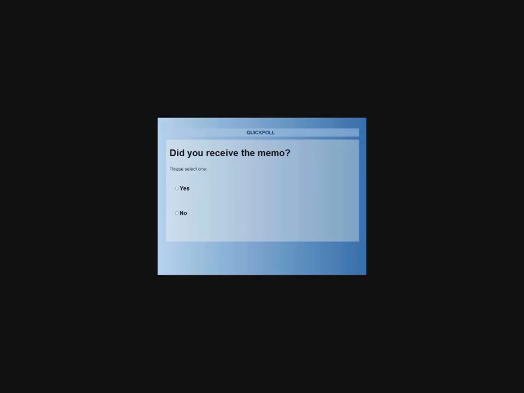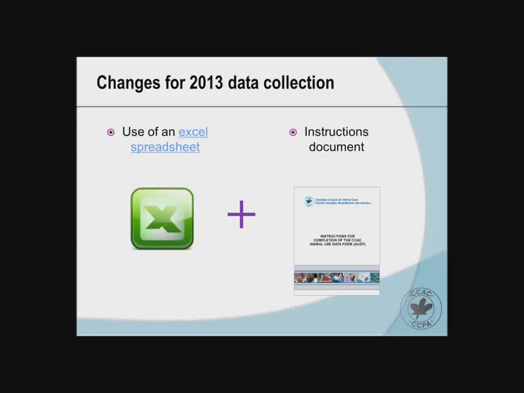It went out sometime in December with the instructions document in the Excel file. So now more than half of you have indicated your response. We're close to 60–70% voted, and so far it's above 70% yes. So the majority of you have seen the memo, so that's good. Thanks. Yeah, so that's great news.